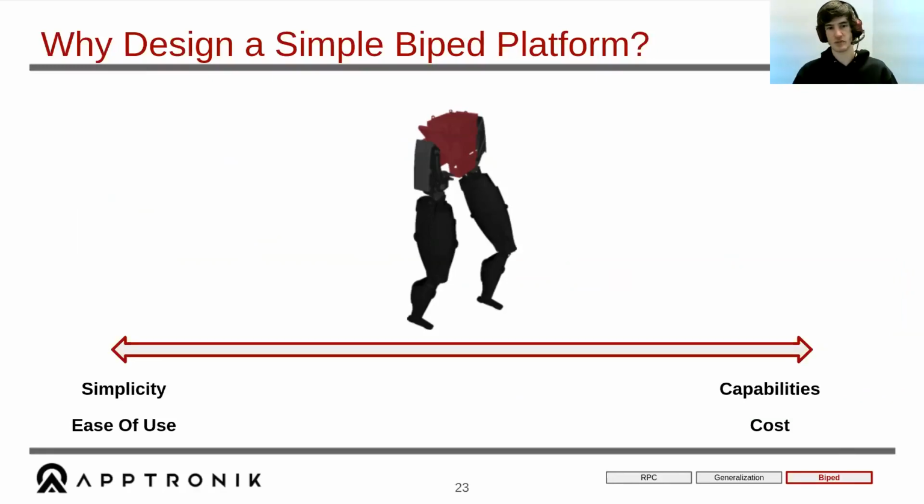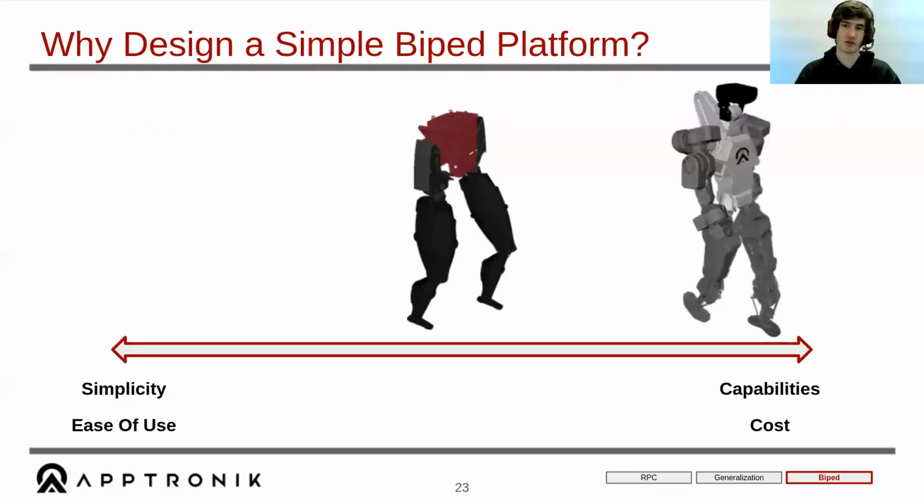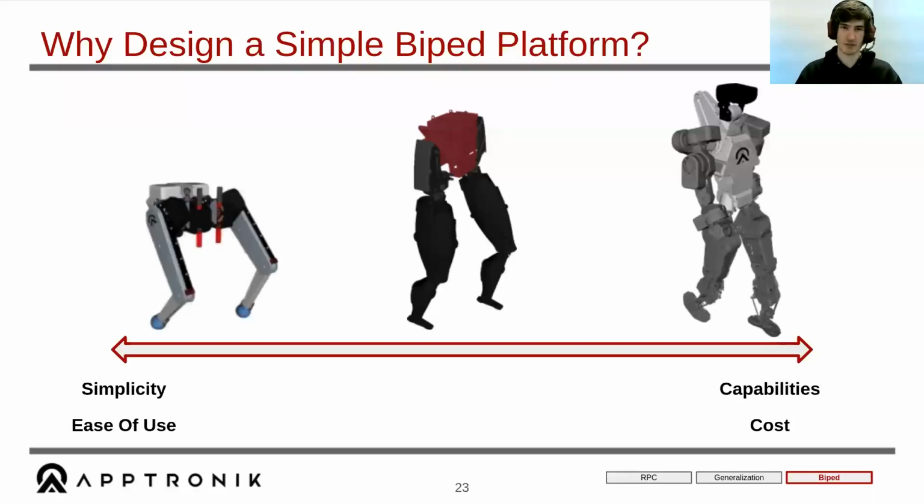The Draco 2 model that I showed in simulation, jogging and running and walking, was eventually supposed to become this kind of full humanoid model. But before that, I wanted to take a step back and develop this simple biped robot that's a point-foot biped. It doesn't have extra limbs.